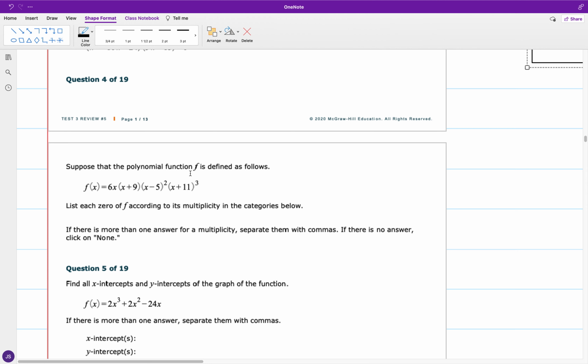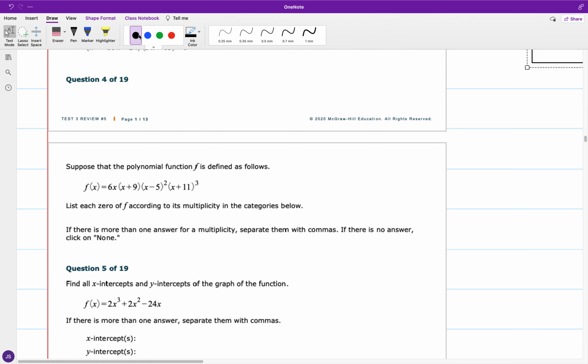So again we have f of x, let's write this again: f of x equals 6x times the quantity x plus 9 times the square of x minus 5, times the cube of x plus 11.